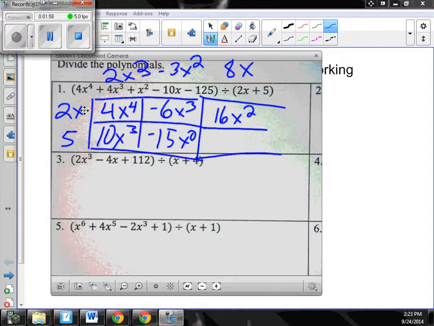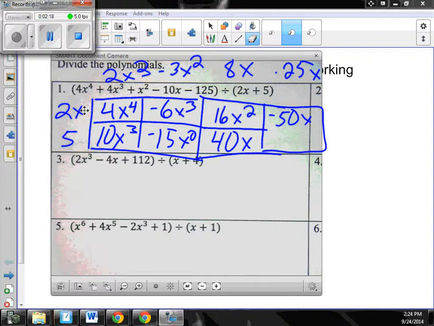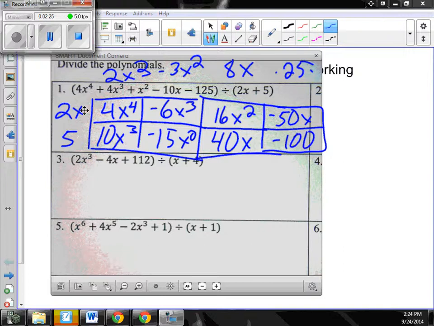And then 8x times 5 is 40x. I have a 40x, but I want a negative 10. So subtract 50x. And that would give me negative 25x, or just 25, no x. So minus 100, is that what I wanted? No, I have a remainder.